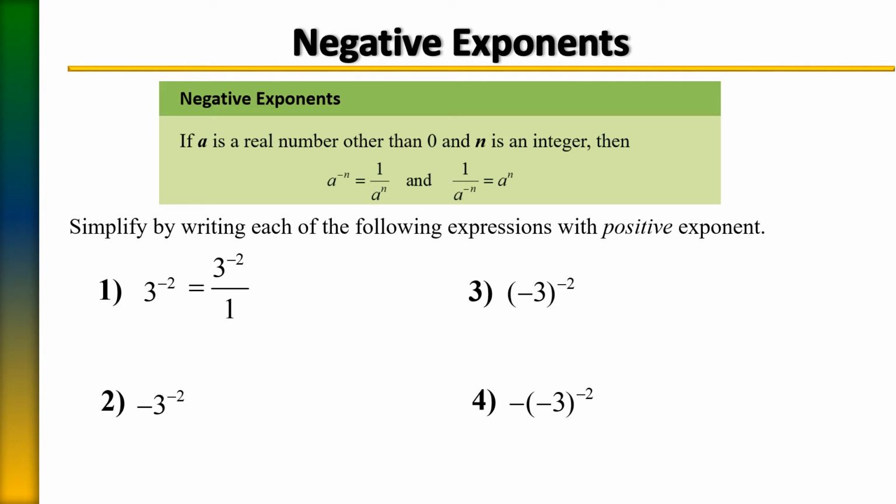And so now what we're going to do is flip. Whatever's on the bottom goes on top, and whatever's on the top goes on the bottom. Now with that flipping process, once you flip it, the exponent is no longer negative. It then becomes positive. So now what we have is 1 over 3 squared, and we know 3 squared equals 9. So our final answer is 1/9.